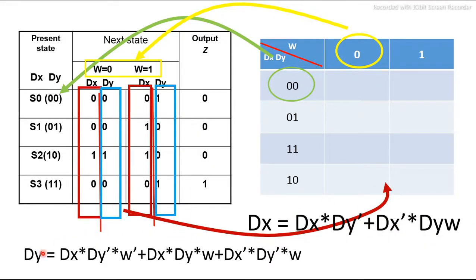Next, I hope you can follow what I have completed for Dx, and use the same concept and the same procedure to come out with the Dy. This is the Dy input, you can see. We can see how many OR gates we need here. I think we need three inputs: 1, 2, and 3.